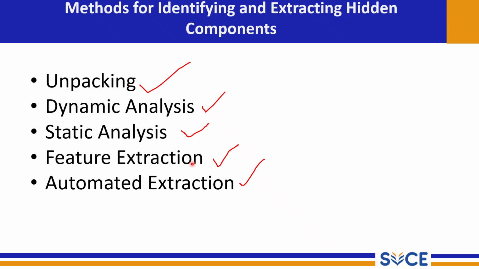Identifying hidden components can reveal new features that can be used to improve the performance of machine learning models. The third one is anomaly detection. Hidden components can be used to identify anomalies or outliers that deviate from the expected behavior.